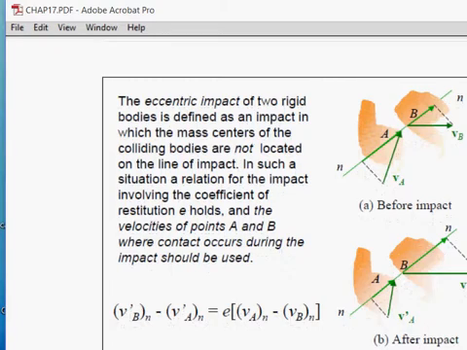And now we have a little bit more in detail the impact. So like I said, these are the basics that we want to examine here. You have before the impact, this is traveling like this.